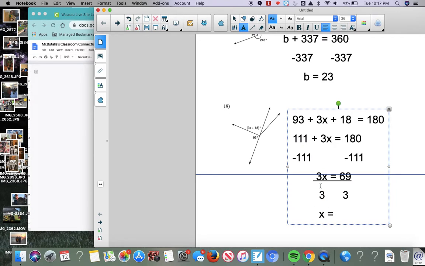X is going to equal 23. Actually, I'm sorry, x is going to equal 23, and if I put that in for x and solve, that will give me the actual angle measurement.